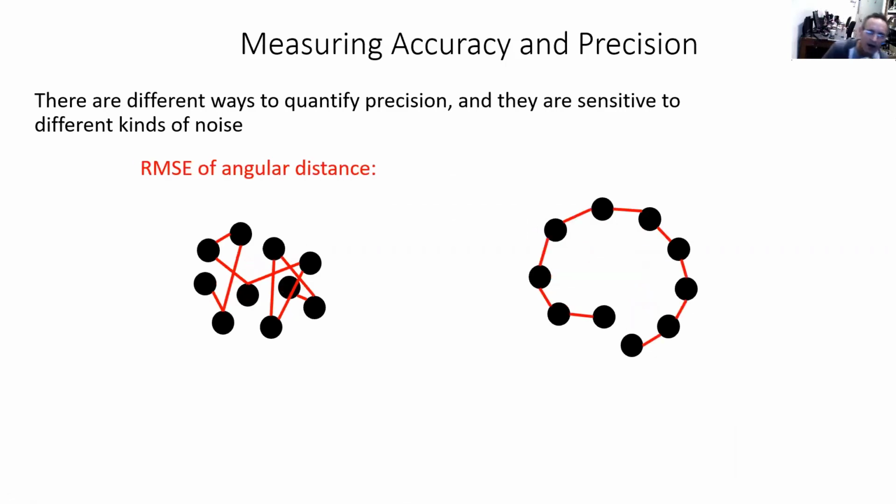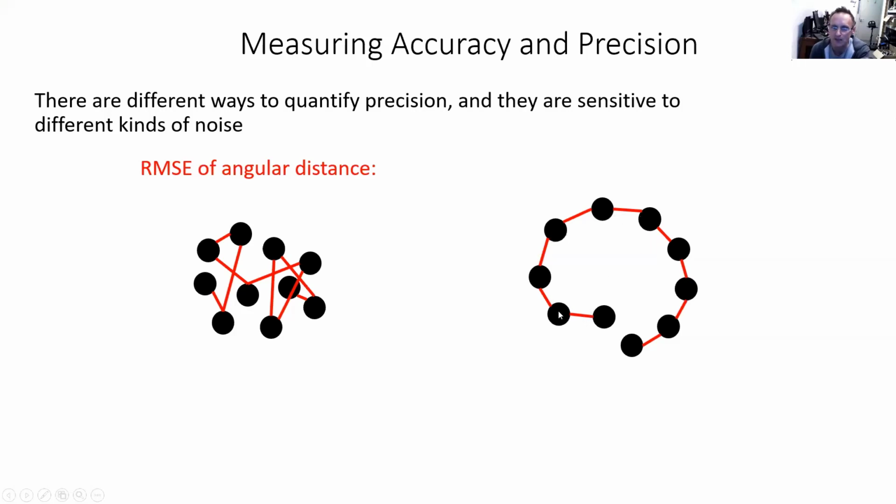The root mean square of the angular distance sample to sample is different, and here we've got exactly the same samples, but this time we've joined them up in the order in which they were collected. So you can see that there are lines of differing length here. And here again, we have the same collection of samples, but again, they've been joined up in the order in which they were collected.